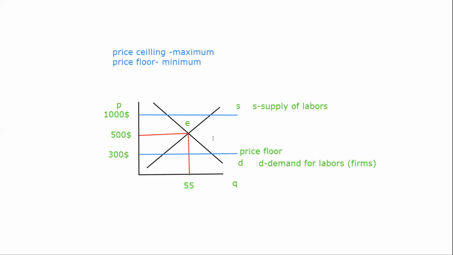Very good. Unemployment will increase. There will be a surplus of labor, yes? Unemployment, this is very important. So this dashed area will be called unemployment.